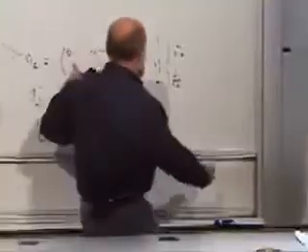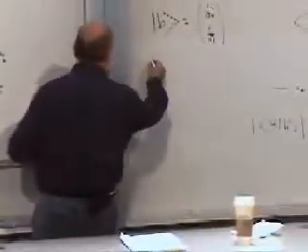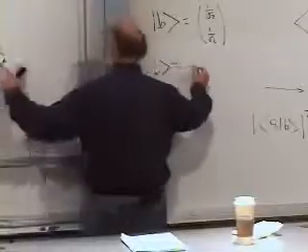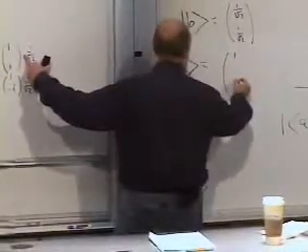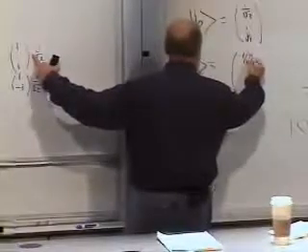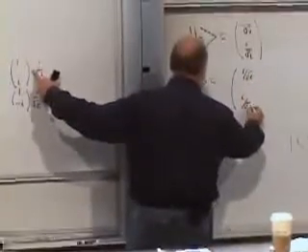So this time one of the two eigenvectors of sigma 2, let's take this one: 1 over square root of 2, i over square root of 2.